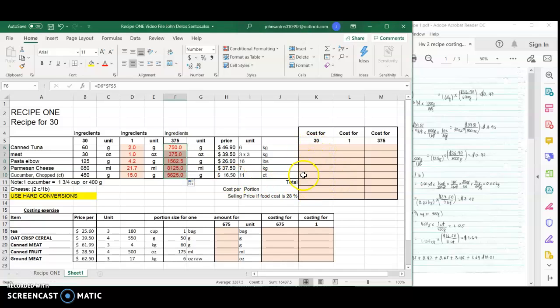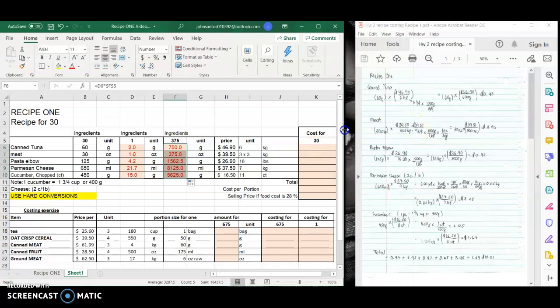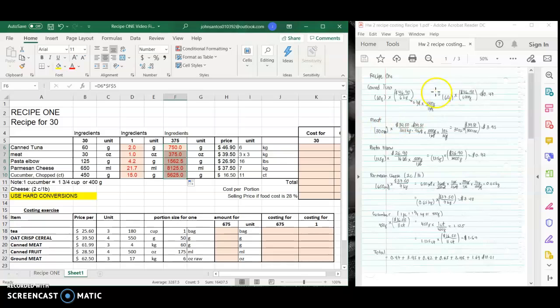Now let's look for the cost. How much is it going to cost us for ingredients of 30? Right here on this side, I've shown you a solution of how I end up with my answers and how we're going to put it in Excel. I'm going to multiply 60 grams by $46.90, divided by 6 kilograms.